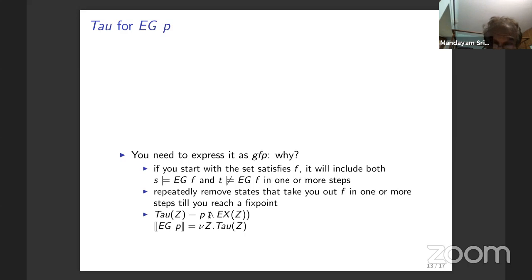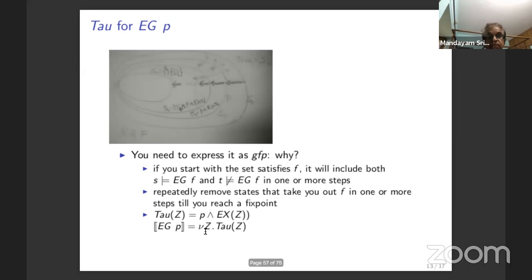Here you're taking the AND operation, and when you do AND, it constrains. Therefore, each time you apply tau, you're getting something smaller, until you reach a fixed point. So you will be doing computation on a descending chain, and you take the greatest fixed point. So as computation on a Kleene chain, this is what is happening. When you start with true, which includes the set of all states.